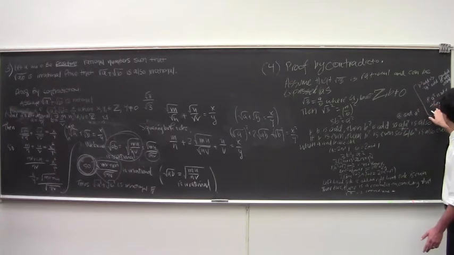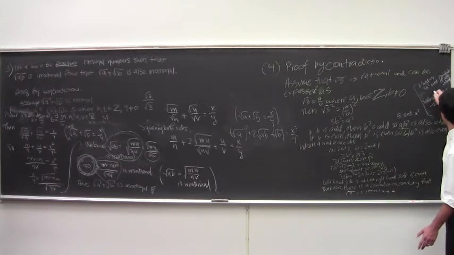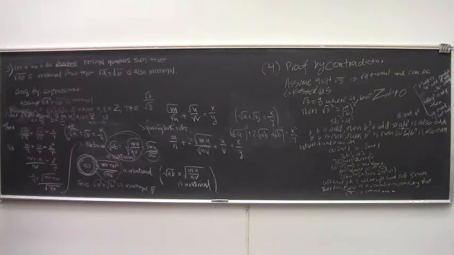And then a squared is odd, and so since a squared equals 3b squared is odd, then a is odd also from last time. Right, so justify what you're doing.